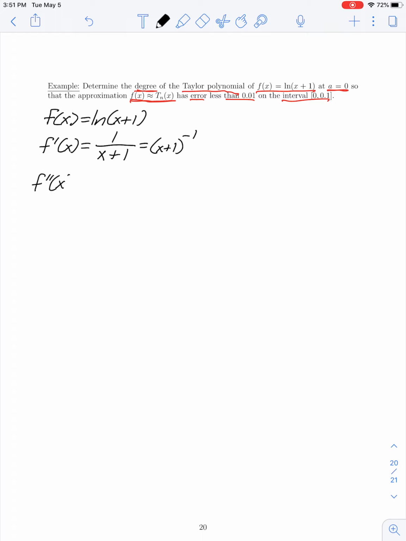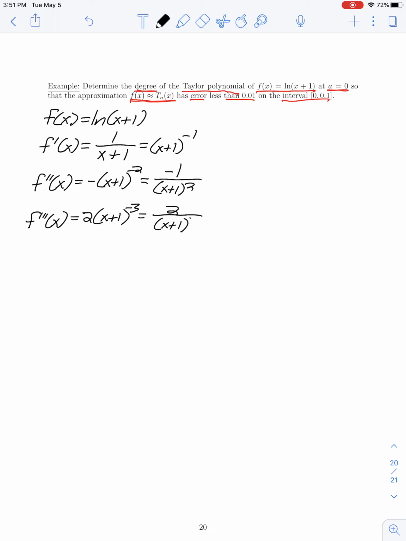Then our second derivative, f double prime of x, would be negative x plus 1 to the negative 2, or negative 1 over x plus 1 squared. Then our third derivative, f triple prime, is positive 2 times x plus 1 to the negative third, or 2 over x plus 1 quantity cubed.